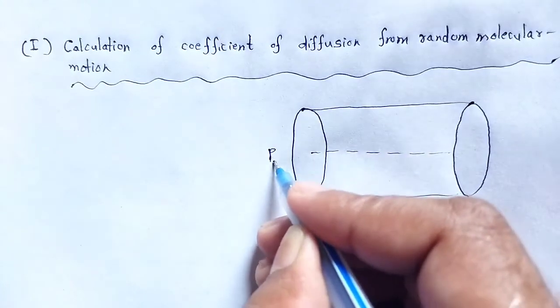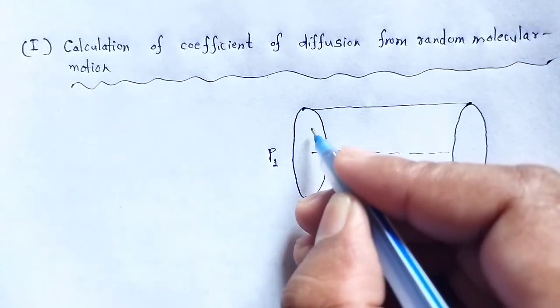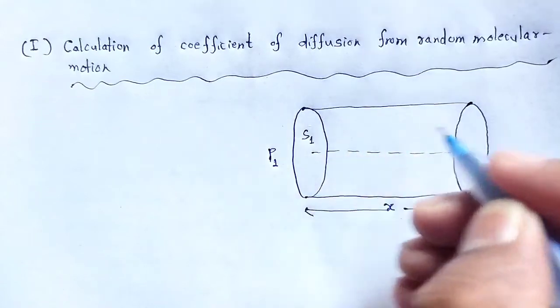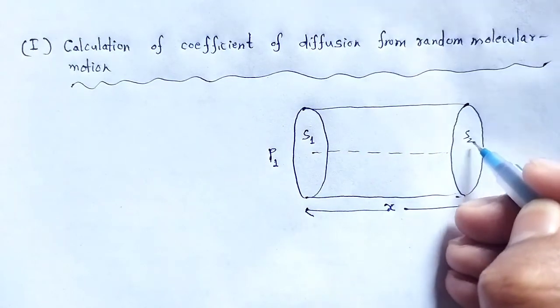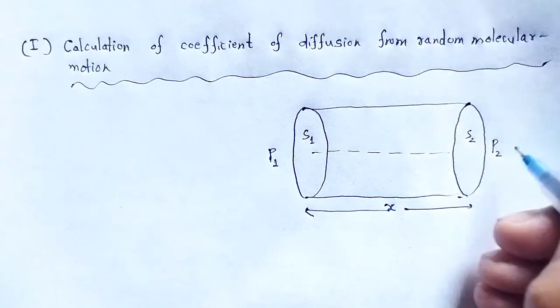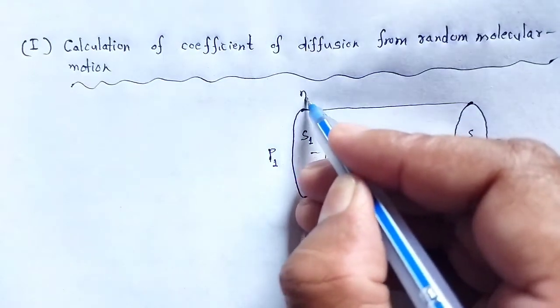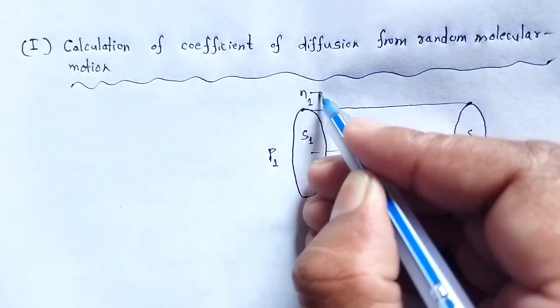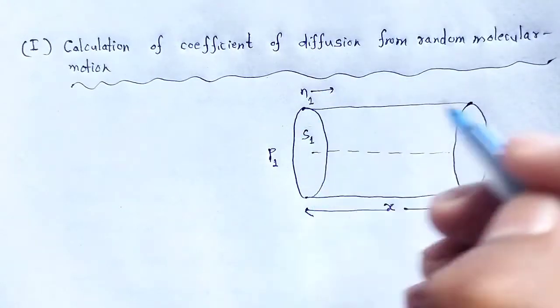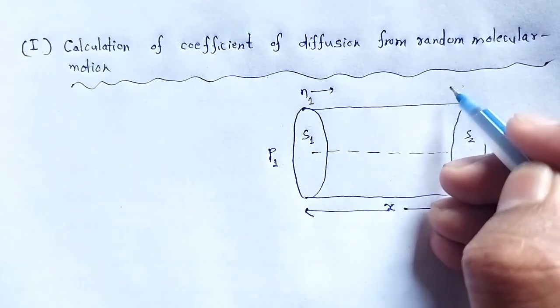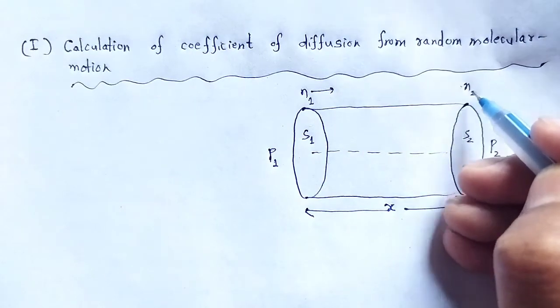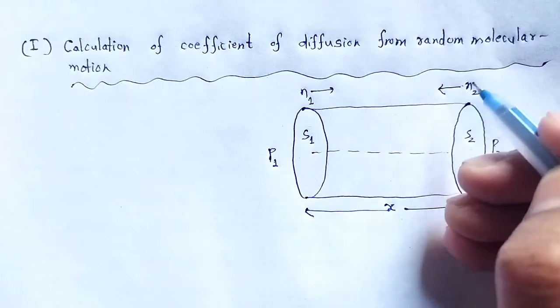Here the pressure is P1 at surface S1 and P2 at surface S2, with N1 the molecular concentration at surface S1 and N2 the concentration at surface S2.